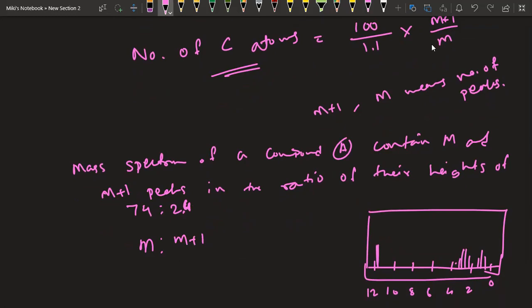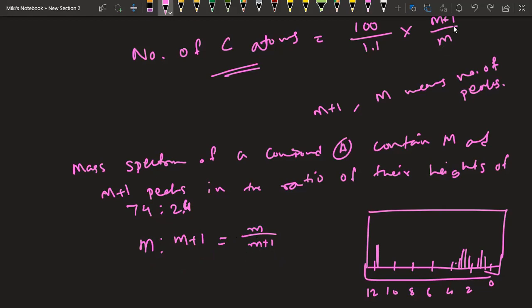But our formula has what? M plus 1 over M. Now, we do know, or if you didn't know, then from now on remember that M is to M plus 1 could also be written as M over M plus 1. Whichever is towards the right side goes to the downside, and whichever is to the left side goes to the topmost part.